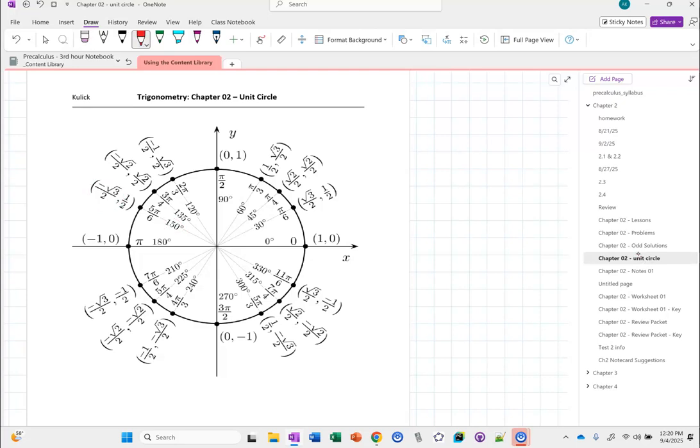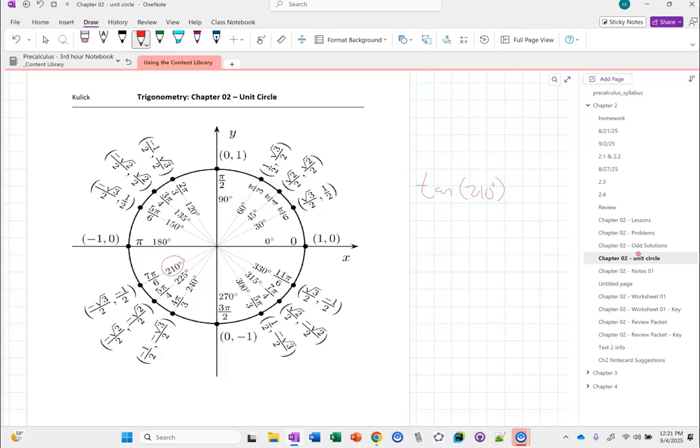Okay. And we'll do a Delta Math maybe next time on the review day, just to practice you reading off of this thing. But it'll be part of the homework as well. Just like, if I want to do tangent of 210, I locate 210.